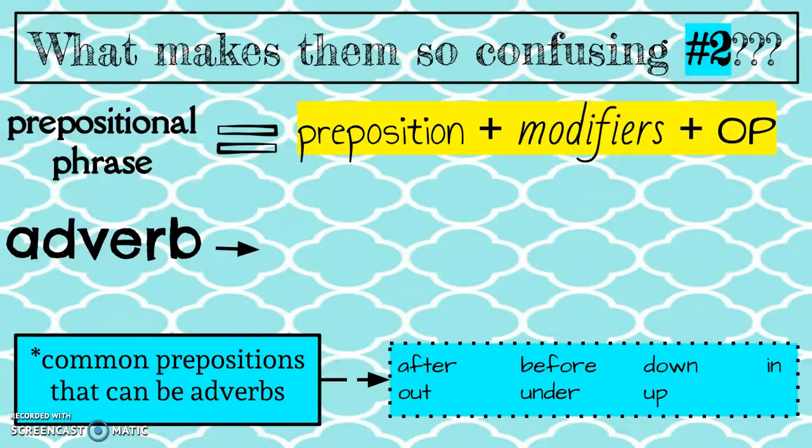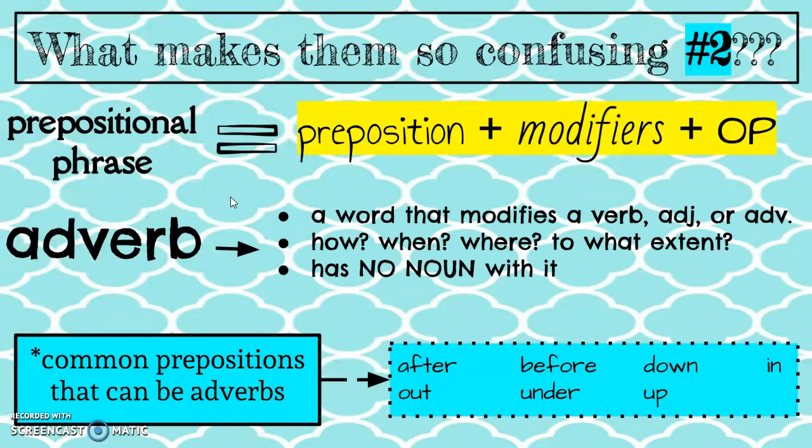And then it's allowed to have some modifiers in the middle that describe that noun. And modifiers are adjectives and adverbs. Now, sometimes we'll find a preposition that is not with a noun or a pronoun. It's just by itself. It's a word that modifies a verb, adjective, or adverb.